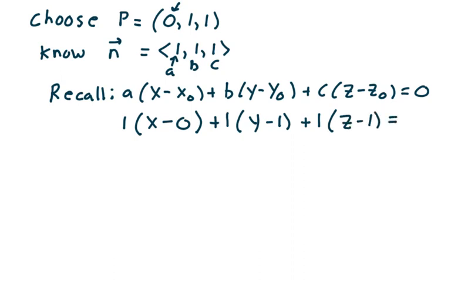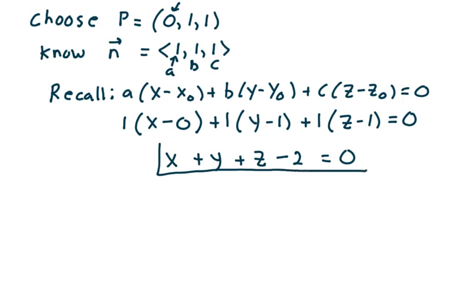So I'm going to set this equal to 0. And then I get x + y + z - 2 = 0. And that would be the equation of the plane that contains all 3 points.